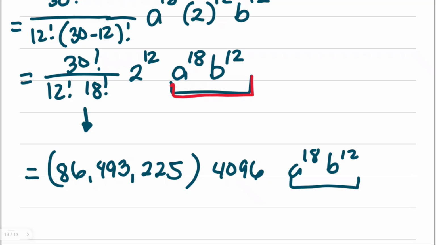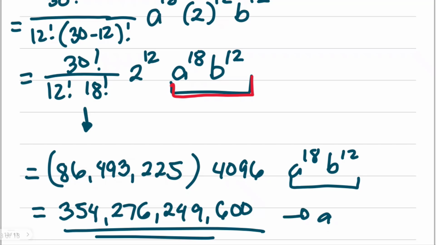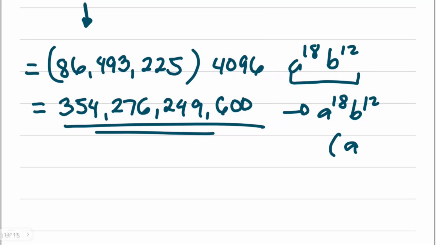As we multiply these two, 86,493,225 times 4,096, it would give us a result equal to 354,276,249,600. This is now the numerical coefficient for the term a to the power of 18, b to the power of 12 for our expansion of a plus 2b raised to the power of 30.